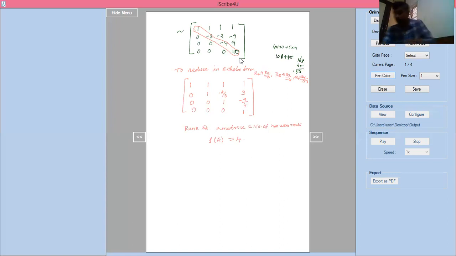Right. One more problem we can see in this rank of a matrix. So directly here, I'm not giving echelon form.